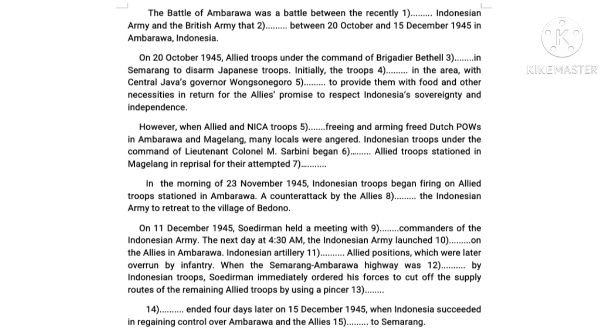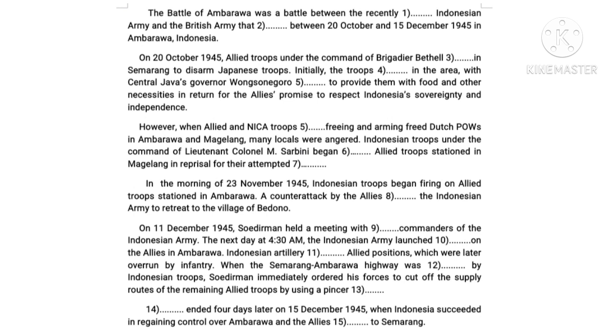On 11 December 1945, Sudirman had a meeting with the various commanders of the Indonesian army. The next day at 4:30 a.m., the Indonesian army launched an assault on the Allies in Ambarawa. Indonesian artillery pounded Allied positions, which were later overrun by infantry.